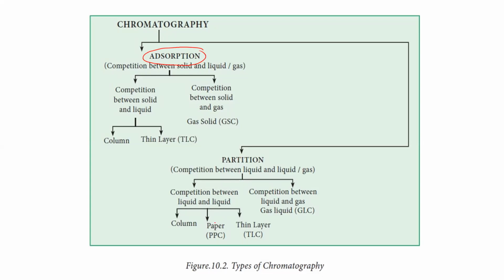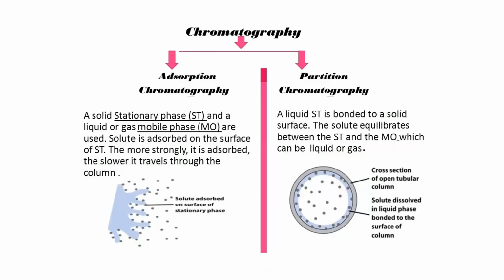From partition, we have seen paper chromatography. Thin layer also we are going to discuss. Okay, so again, just brushing up the basics, what is the difference between adsorption chromatography and partition chromatography? Here we saw that we are working on the partition coefficient of your analyte.